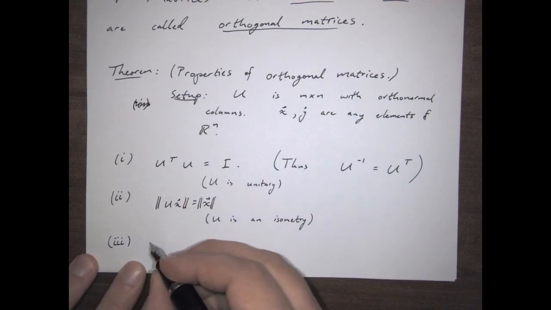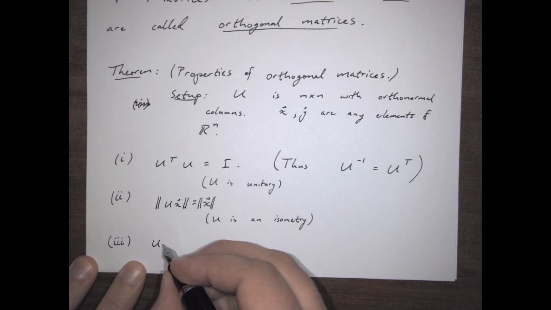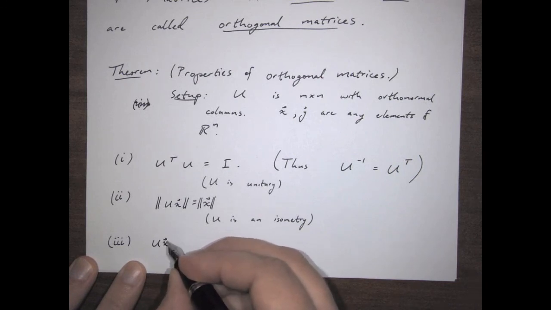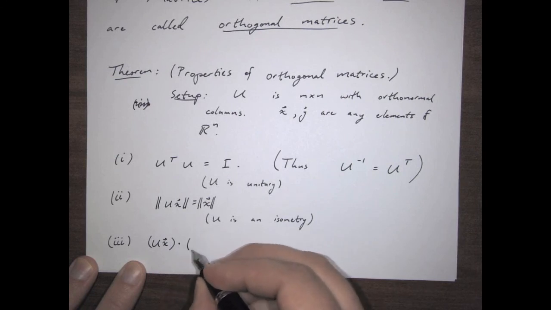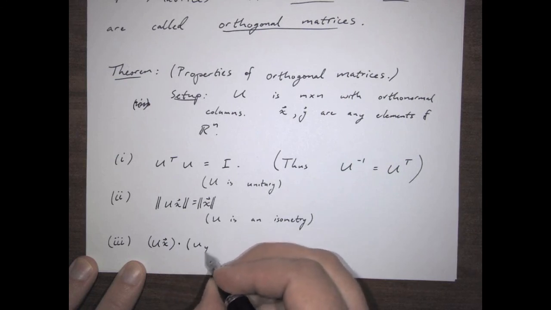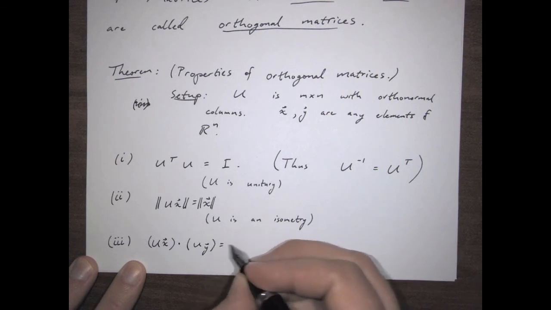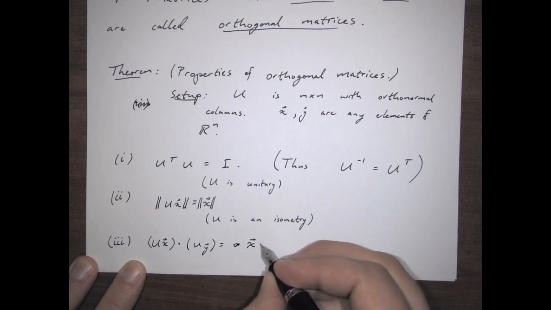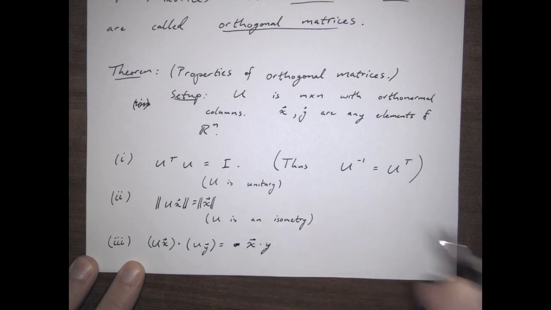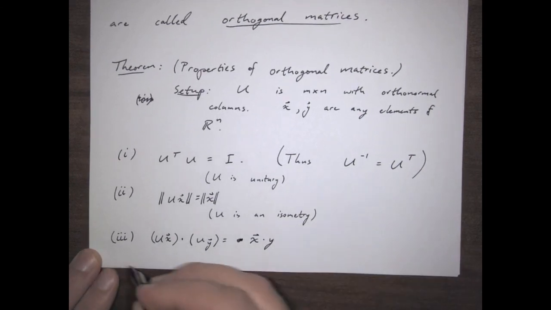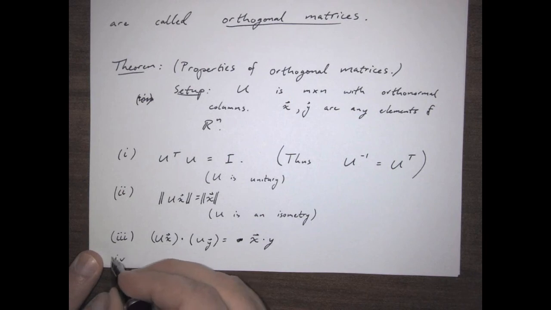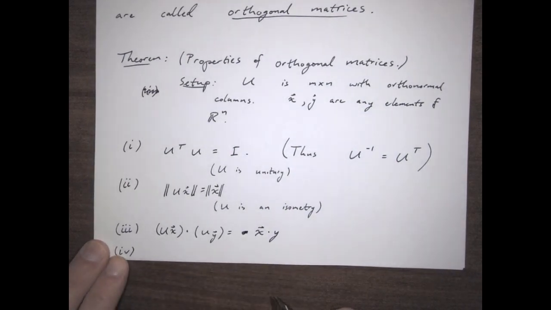3. U times x, so you do U times x, that makes a vector. You do the dot product of that with U times y, and that's going to be the same thing as just x times y. And then lastly here, I'll squeeze this one in.